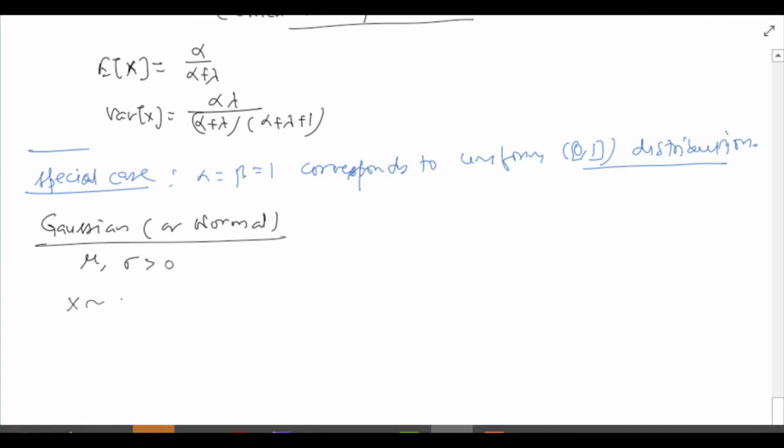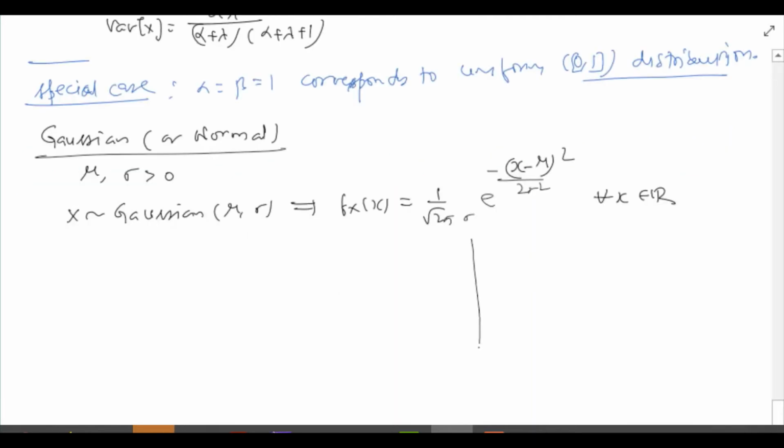We say that x is Gaussian distributed or normal distributed with parameters mu and sigma if it has probability density function f_X(x) equal to 1 over root 2 pi sigma, e raised to minus (x minus mu) whole square divided by 2 sigma square, for all x.